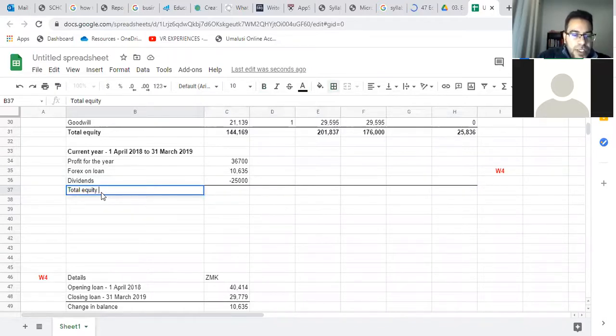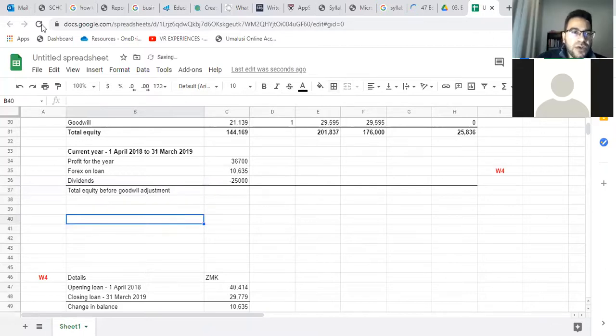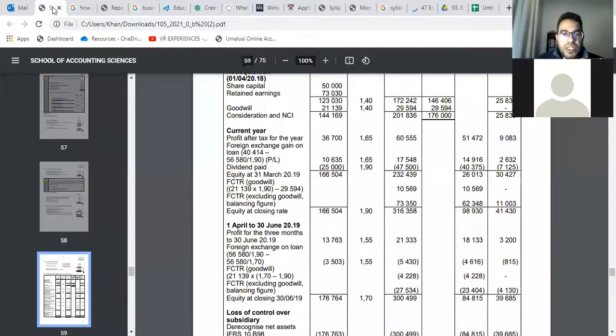Total equity before goodwill adjustment. Okay, so that's total equity before goodwill adjustment. And then we're going to have the goodwill adjustment. So not goodwill adjustment, FCTR adjustment.